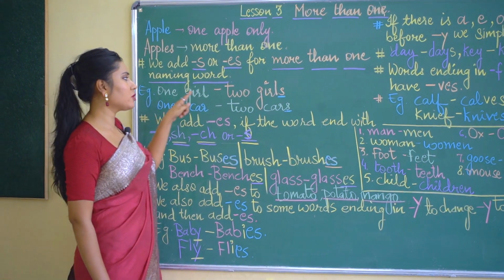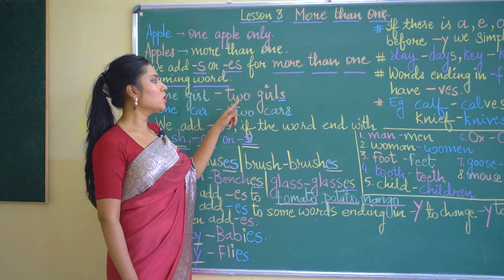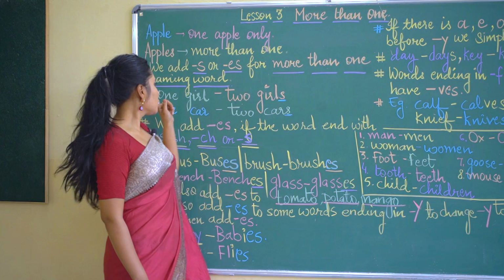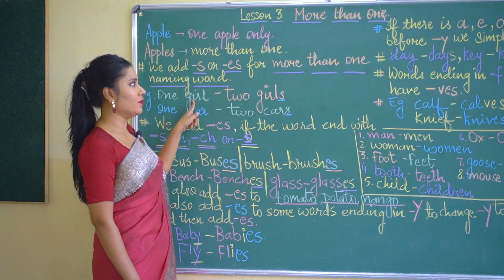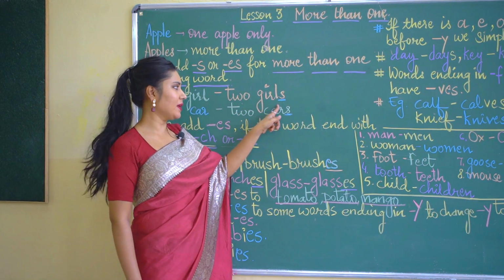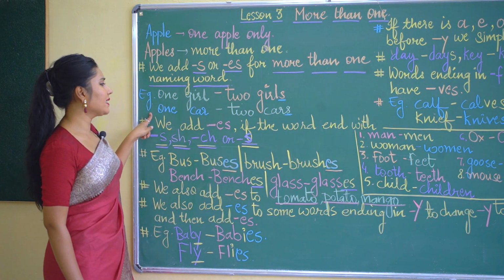So, if there's one girl, there won't be any S. But when there are two girls, because it is more than one, you will add S to the word girl. So the plural of girl, the more than one form, will be girls, because it will end with S. Similarly, one car.